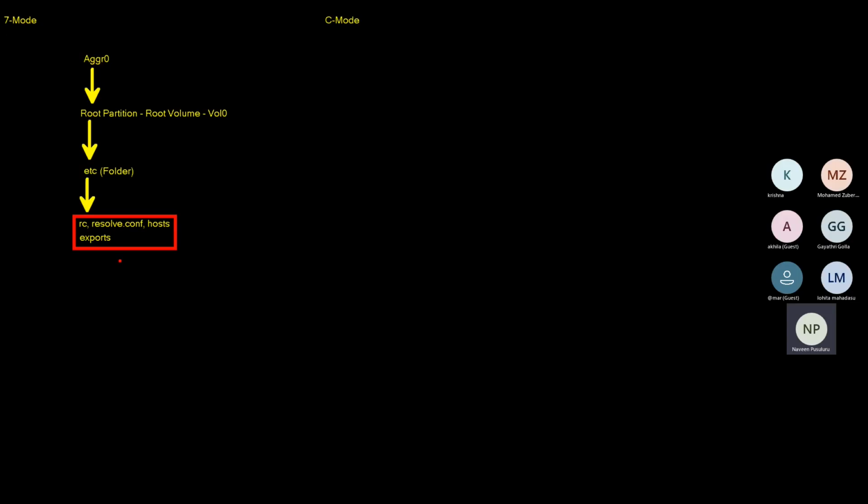That is a very big challenge to the people who are working on 7 mode, because you have to be very careful while modifying or editing these configuration files. If you delete anything unexpectedly, it will impact your entire controller configuration. So it is too dangerous to edit these files.